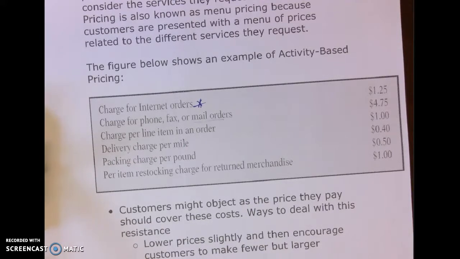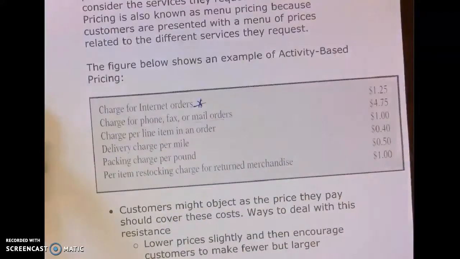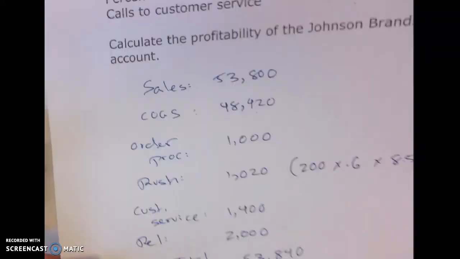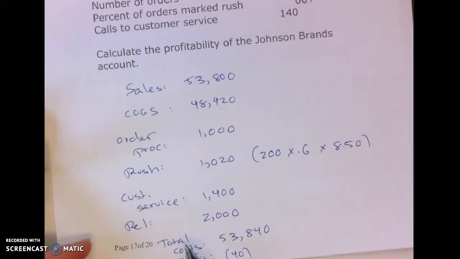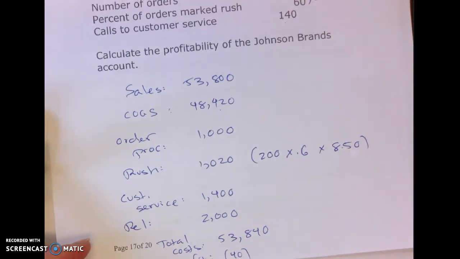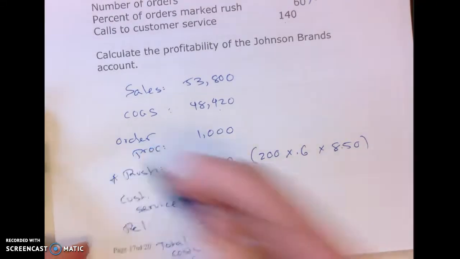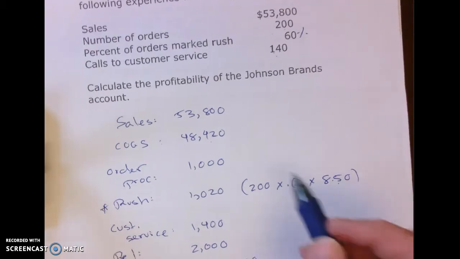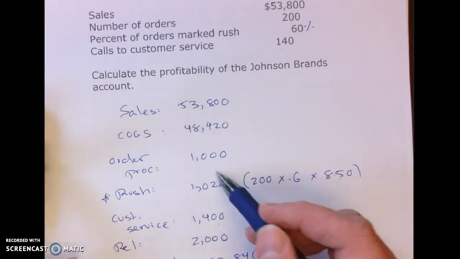Okay. So if we were to kind of look at this, sorry to shuffle papers around again, with reference to our Johnson Brands account, what we might actually want to do is start charging Johnson Brands for calls to customer service, because remember, this is an internal charge. The way we got these are all internal charges.